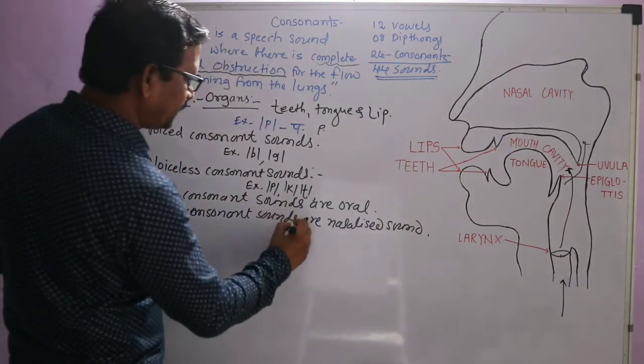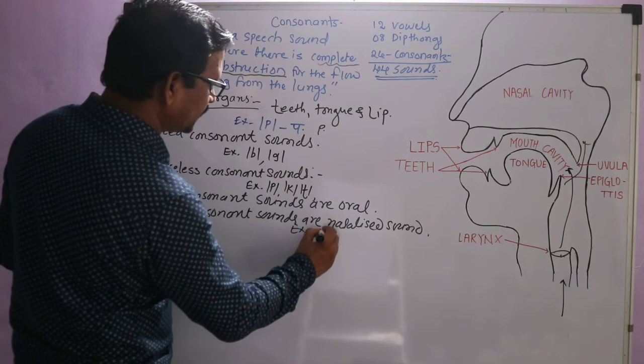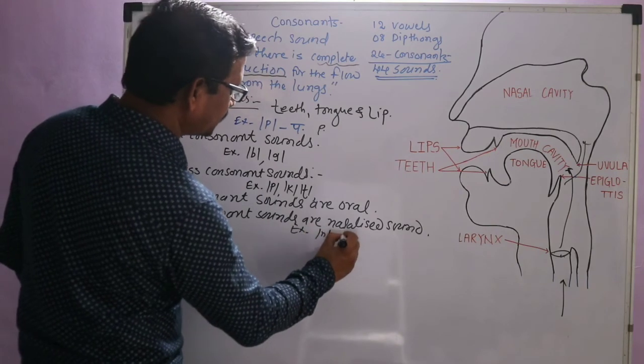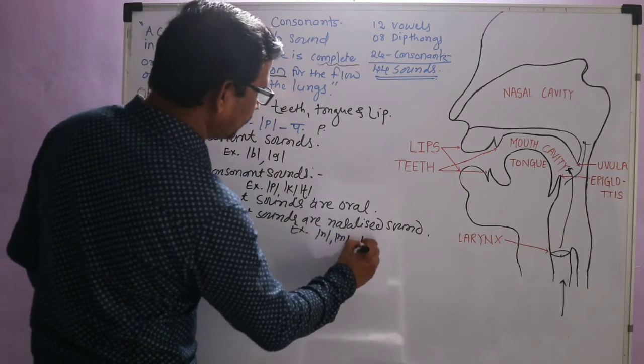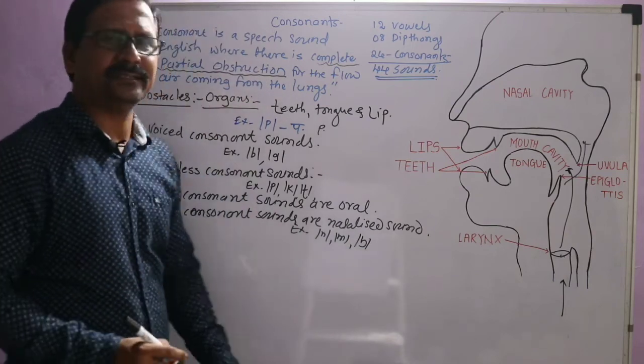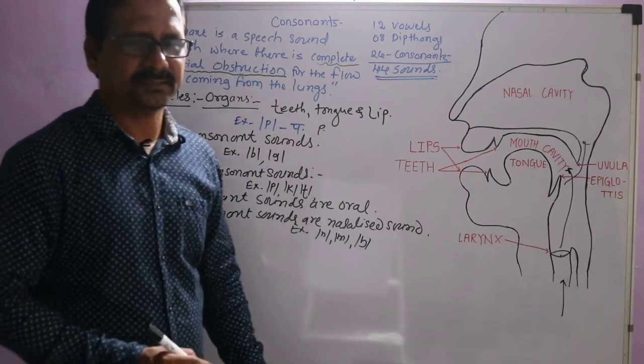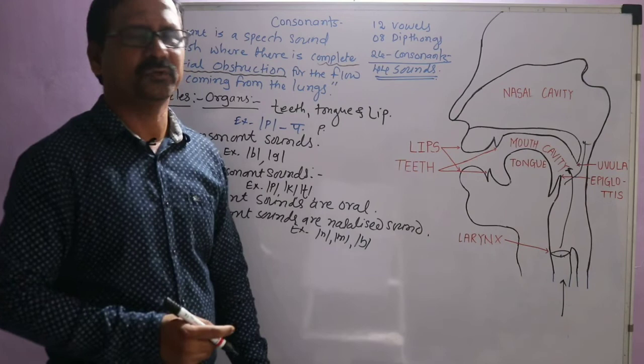When we think about nasalized sounds, they are sounds like n, m, and ng. These are the nasalized consonant sounds. We produce them through the nose.